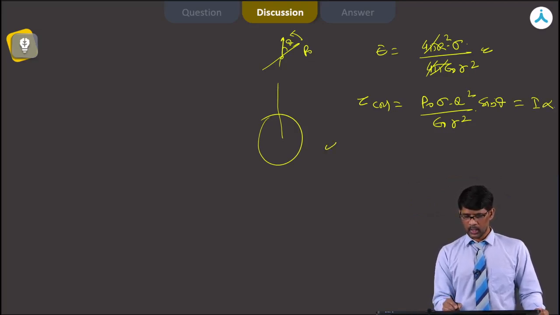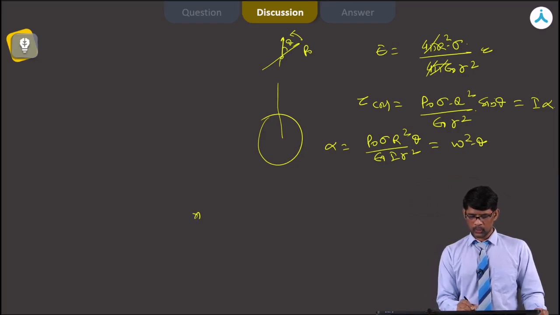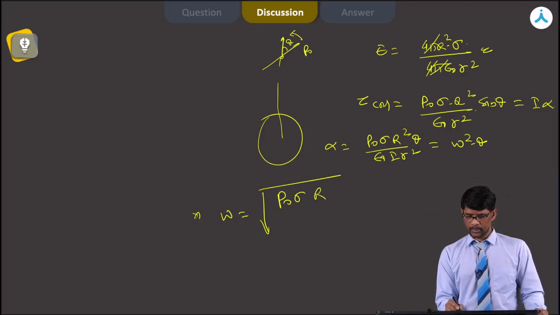So alpha will be equal to P naught sigma R square divided by epsilon naught I into r square. It must be written as omega square into theta, or I would say omega is equal to the square root of P naught sigma capital R square divided by epsilon naught I into small r square.